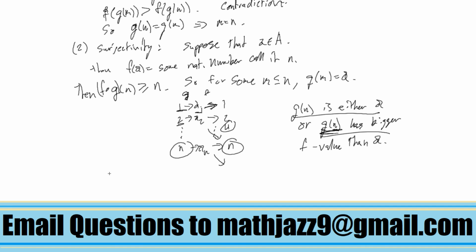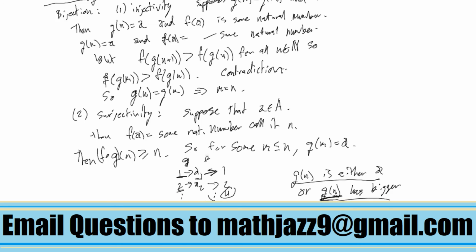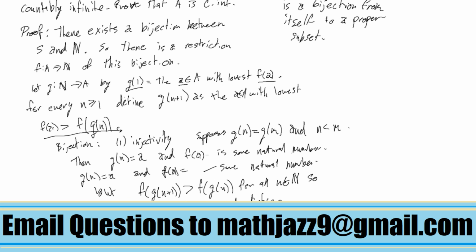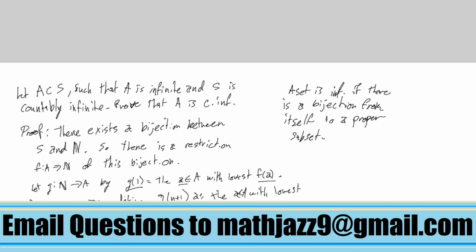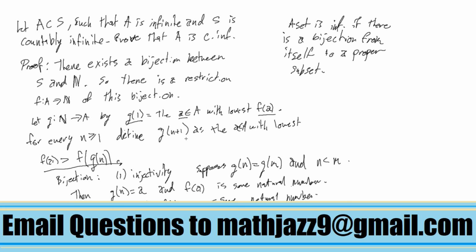Okay. So g is surjective. Okay, so we have a bijection. Well, having that bijection means that we've proved our theorem. We've proved that A is countably infinite.